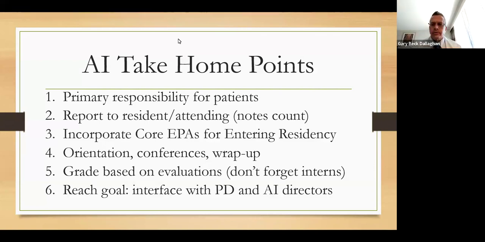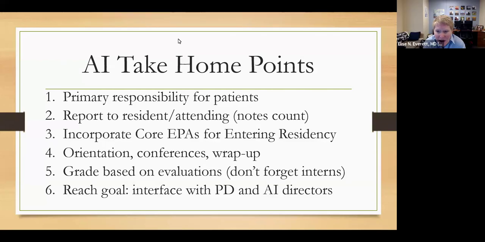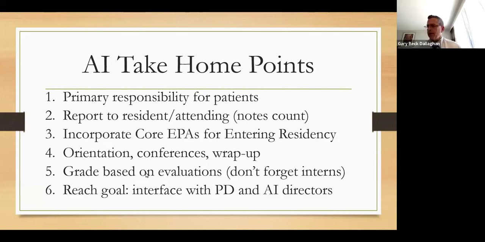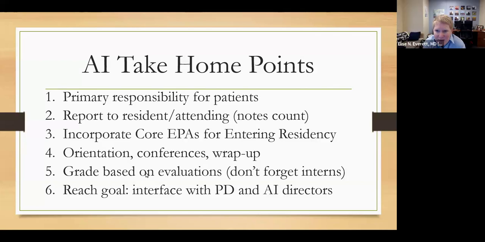Since the residency milestones are level 1 through 5, and if you assume level 1 is the minimum performance of an intern on day 1, is there any value in, say, developing a GYN oncology AI, linking it to those milestones that we see in residency?